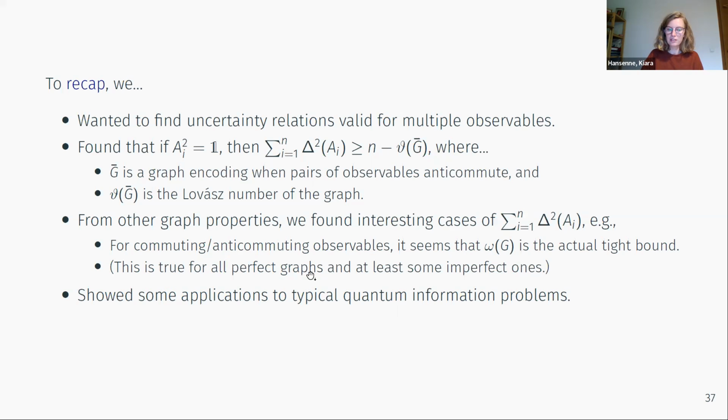I forgot to mention that because for all perfect graphs the clique number is equal to the lowest number, so it obviously recovers that conjecture. And then it also holds for at least some imperfect ones, which are the ones that I showed you as supporting evidence for the conjecture. And then finally, I showed you some applications of our bounds to typical quantum information problems, for instance, entanglement and steering detection.